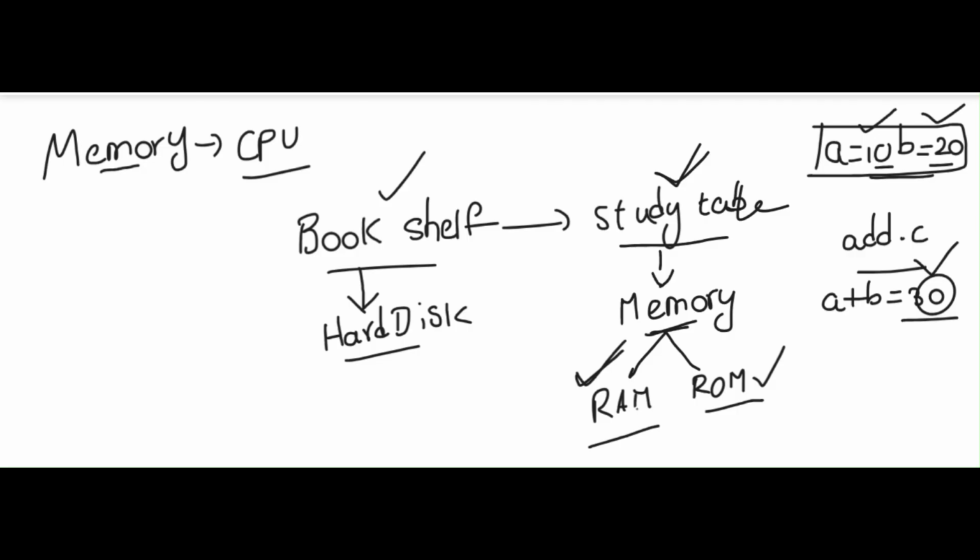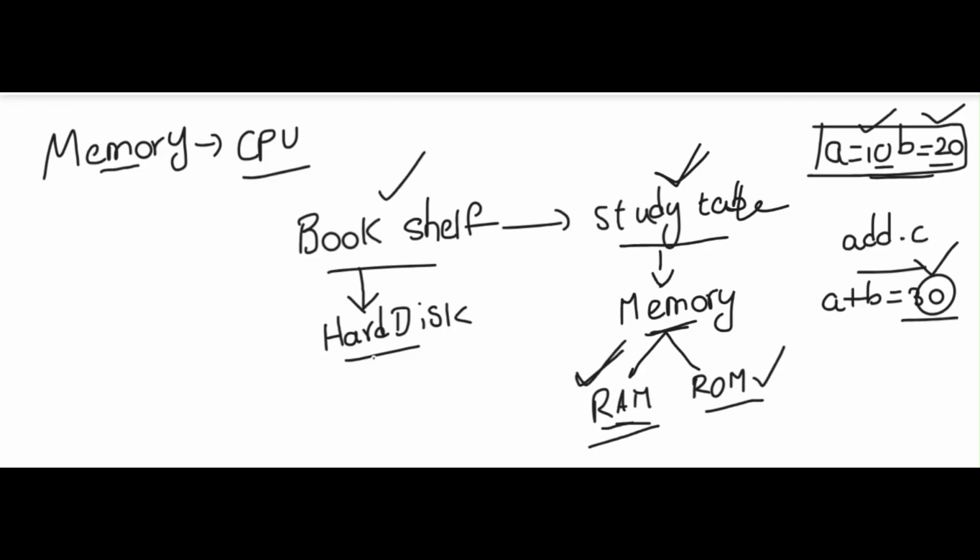Similarly, when you switch off the computer, all the content of RAM will get erased. That means RAM is volatile. We use the term volatile because when you switch off the system, the content of RAM will be erased.